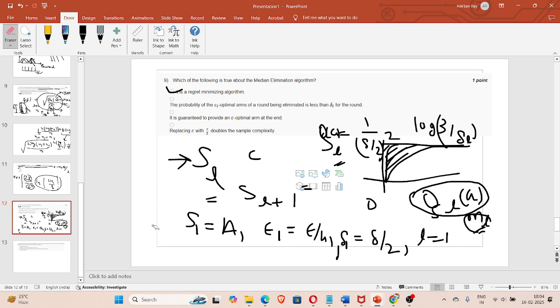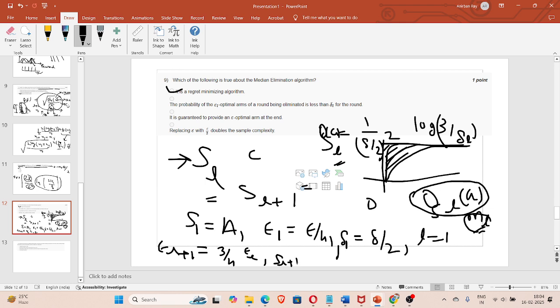So for the next step, the new parameters are epsilon_{L+1} equals 3 by 4 epsilon_L, delta_{L+1} equals delta_L by 2, and L equals L plus 1.